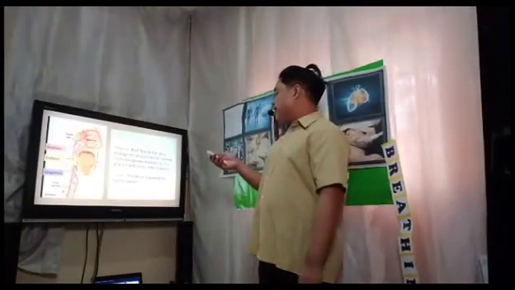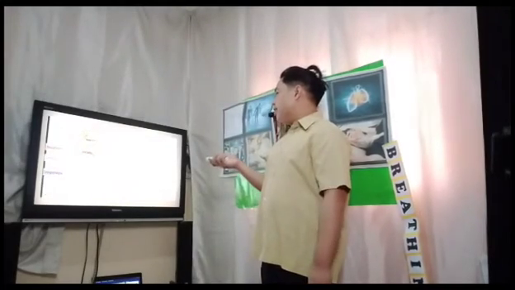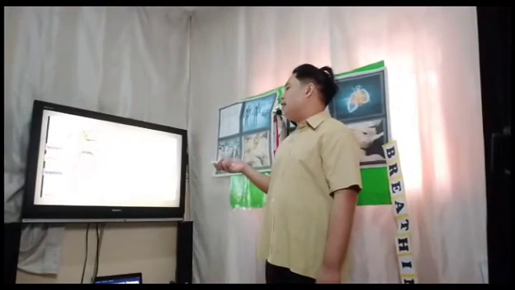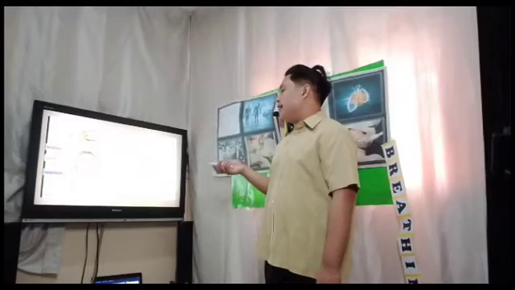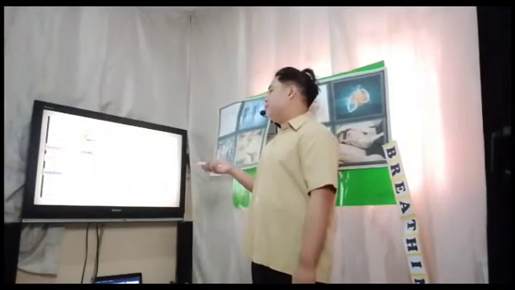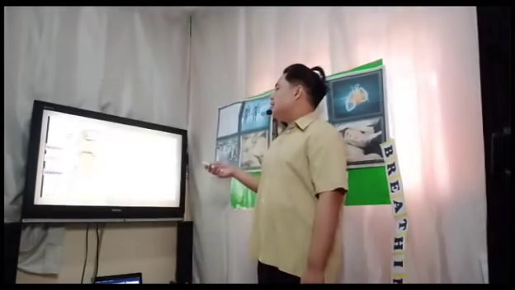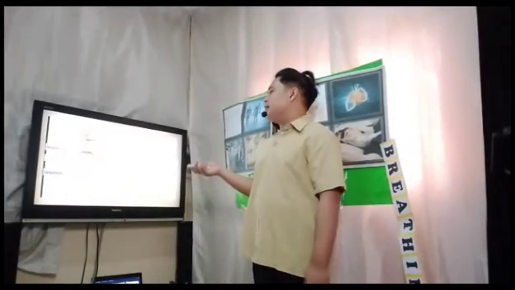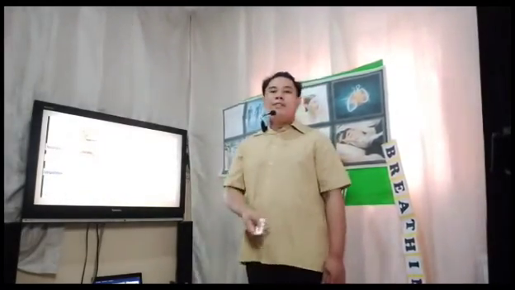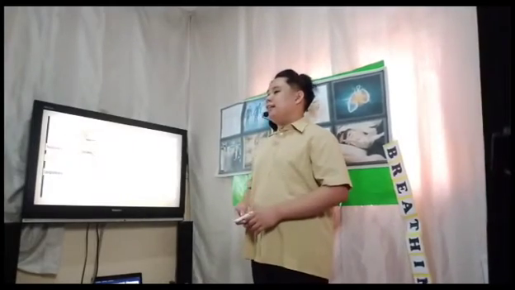As you can see here in our illustration, the pharynx has three components: the nasopharynx, oropharynx, and laryngopharynx. The oropharynx is the organ responsible for segregating the food and the air.